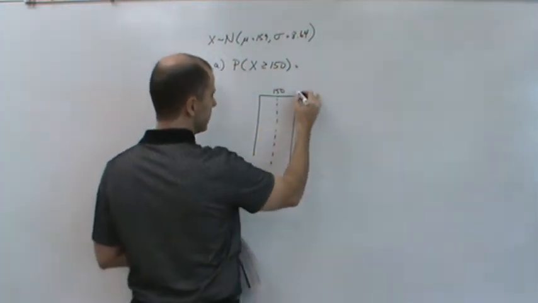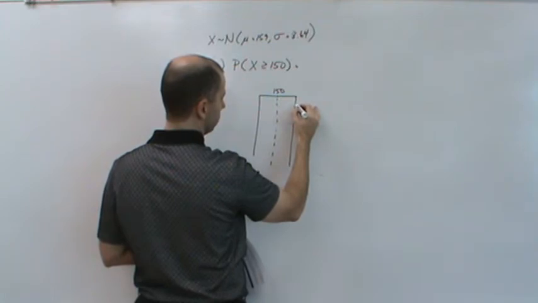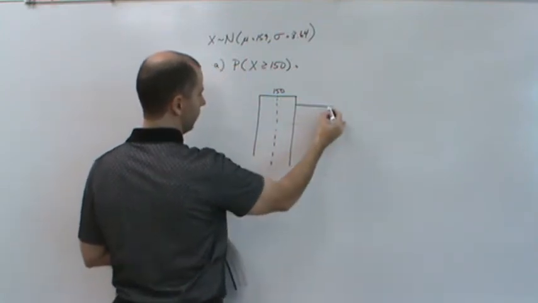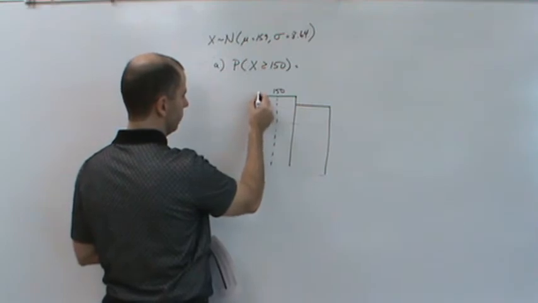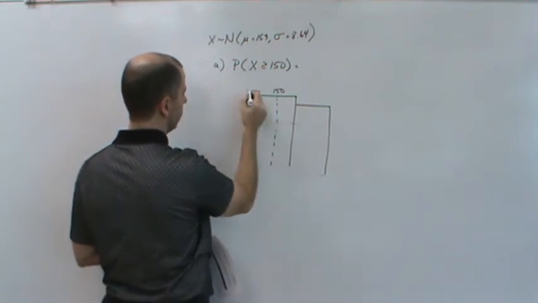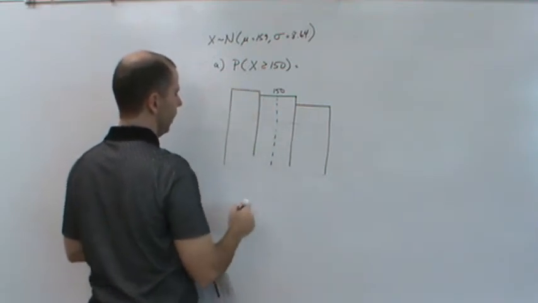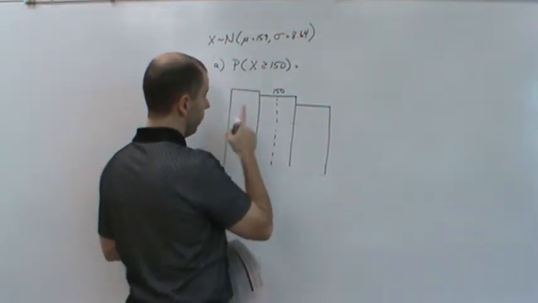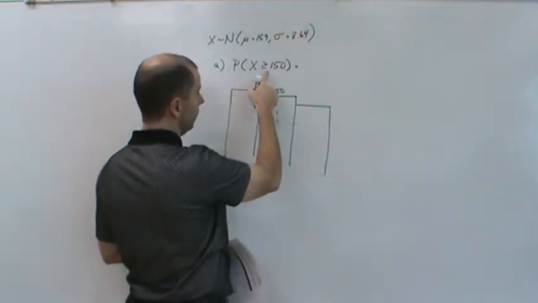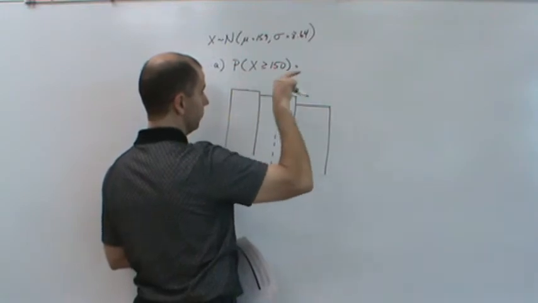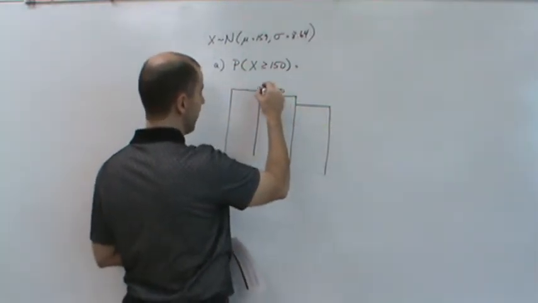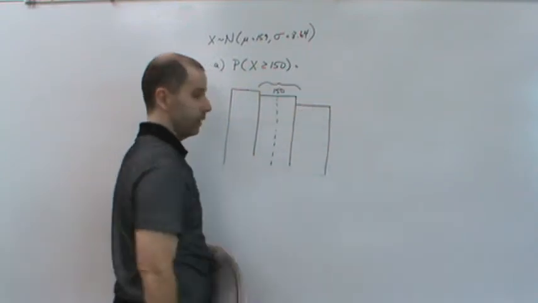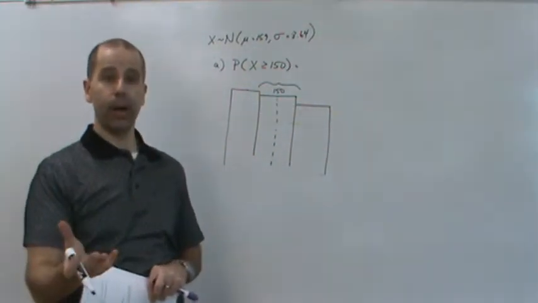Now, let's say this is the other bar, and let's say we have another bar over here. Now, 150 is included in our upper bound, right? So we want to include this entire bar as part of our probability.